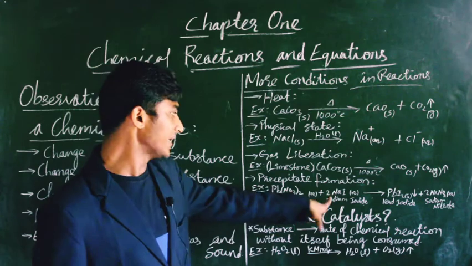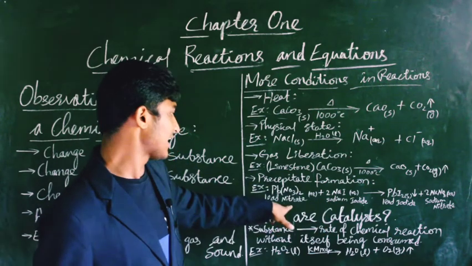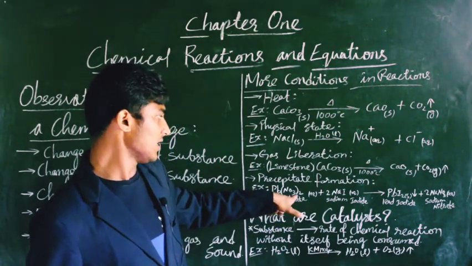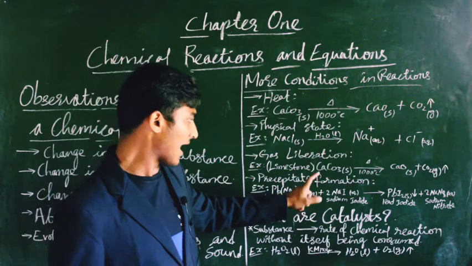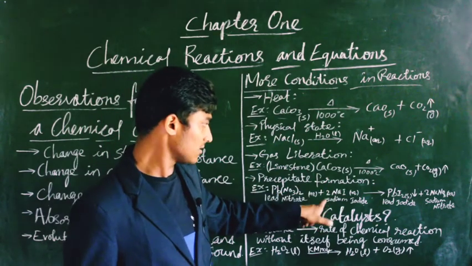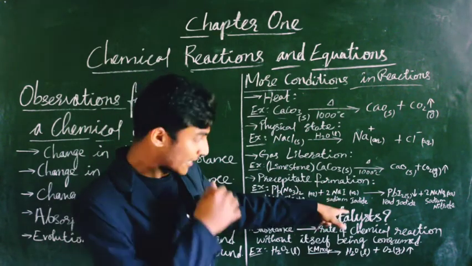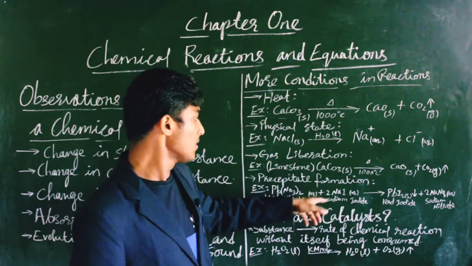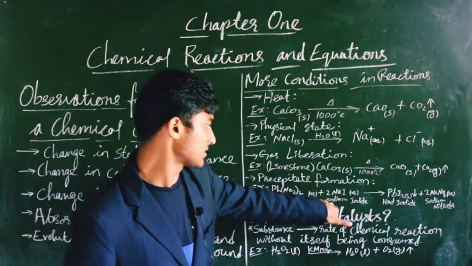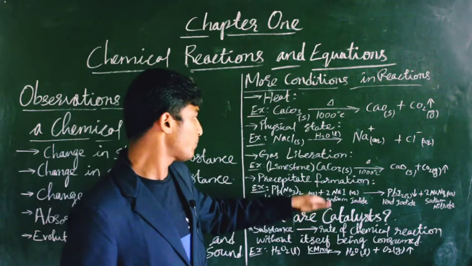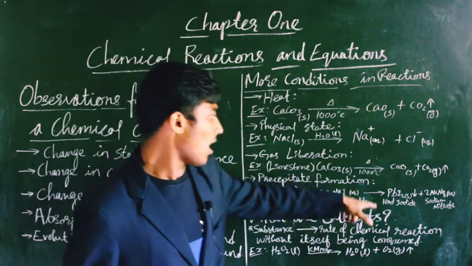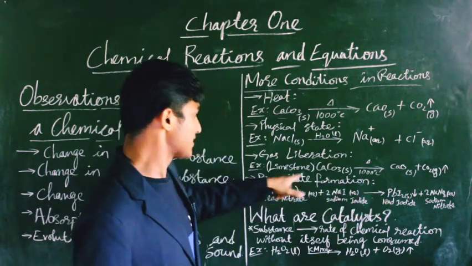Now we have two reactants, lead nitrate, Pb(NO3)2, in aqueous form, plus sodium iodide, also in aqueous form. These two reactants combine together to form lead iodide, which is a precipitate.